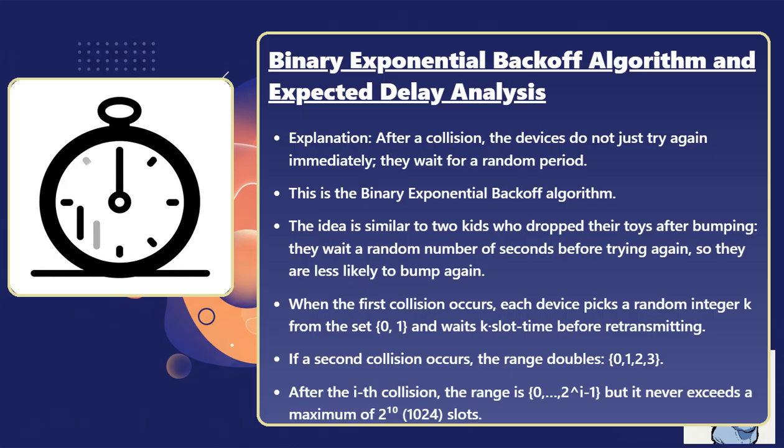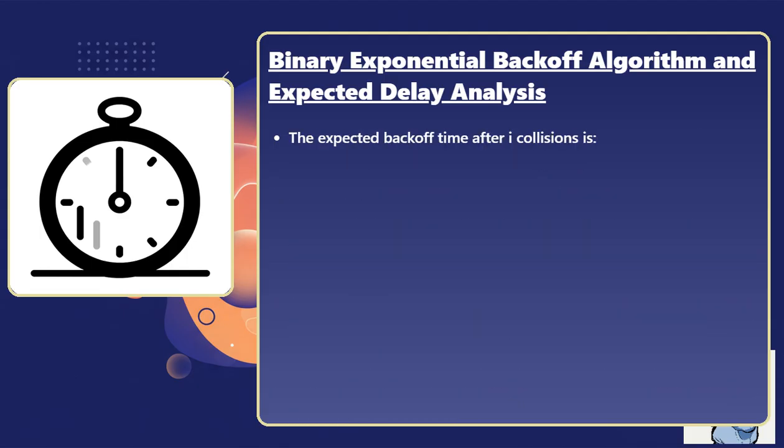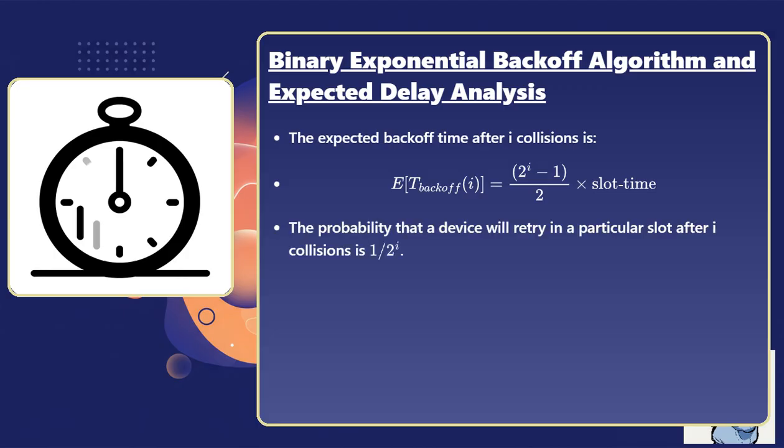After the ith collision, the range is 0 to 2^(i-1), but it never exceeds a maximum of 2^10, which is 1024 slots. The expected backoff time after i collisions is E[t_backoff(i)] = (2^(i-1) / 2) × slot time. The probability that a device will retry in a particular slot after i collisions is 1 over 2^i.